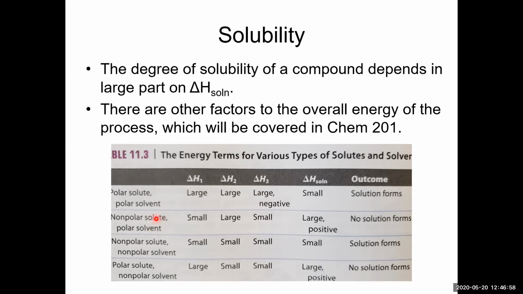Oil is nonpolar. It doesn't take that much to break the molecules from each other. Water is polar. It takes a lot to break one molecule from another in order to dissolve this. The payback is not enough, because if water tries to surround the oil, that's a very small delta H because their intermolecular forces are small. So no solution forms.